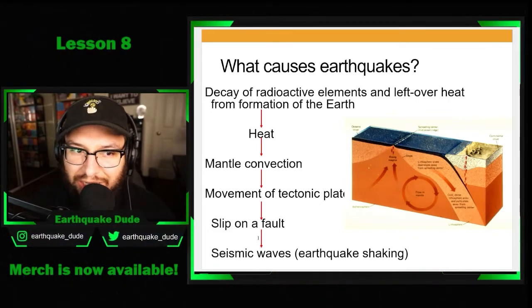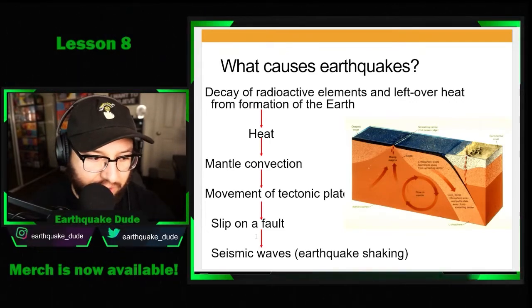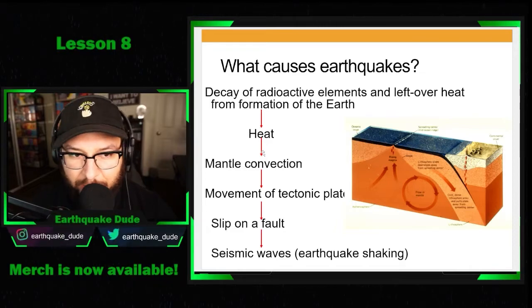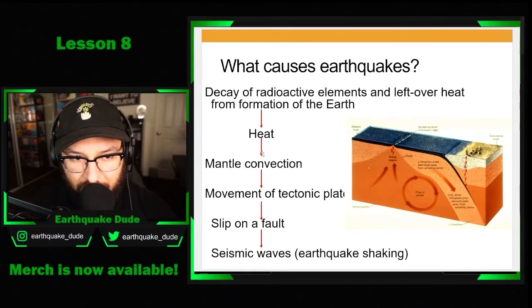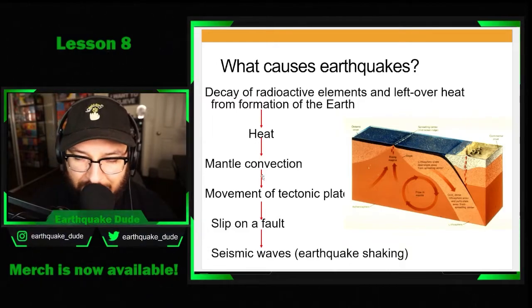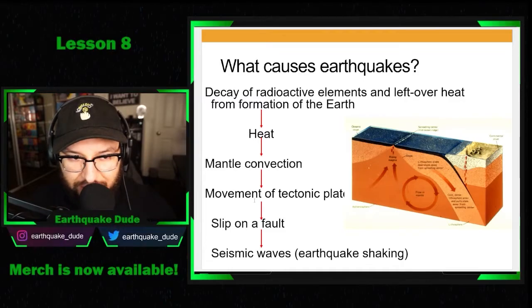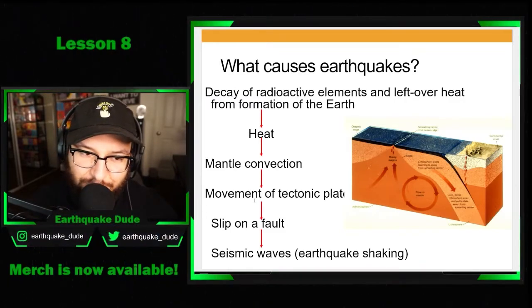Theoretically speaking, if we ran out of source heat from the Earth's core, then it wouldn't heat up the mantle, and therefore the mantle wouldn't create convection cells. Then the plates would stop moving, and there would be no more earthquakes. But could that really happen?